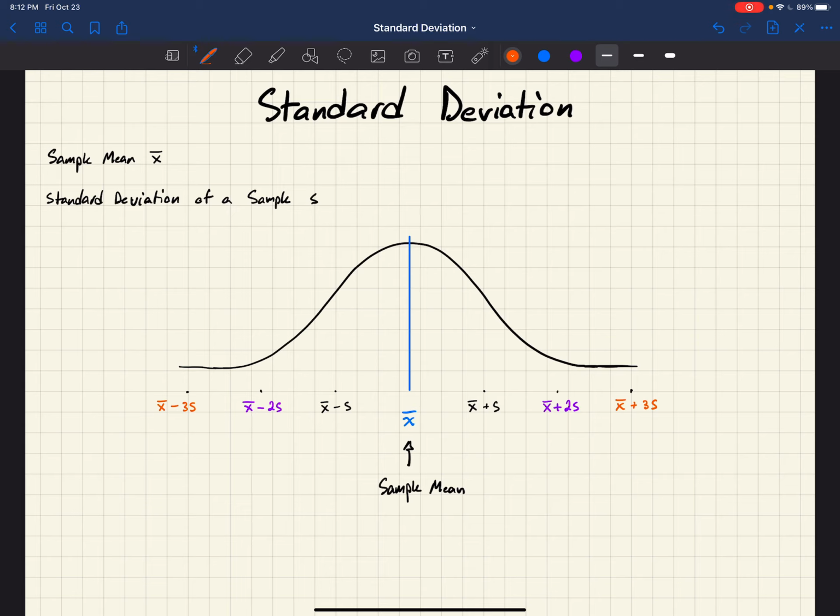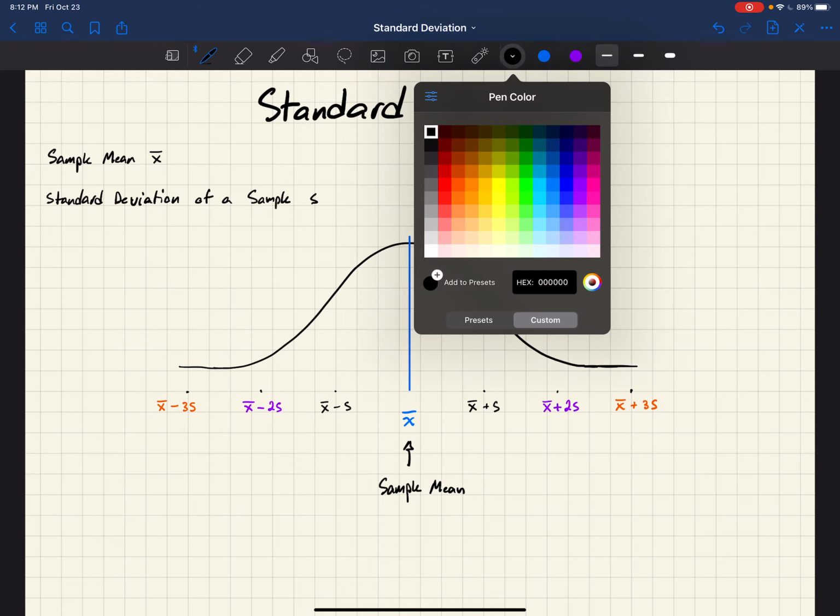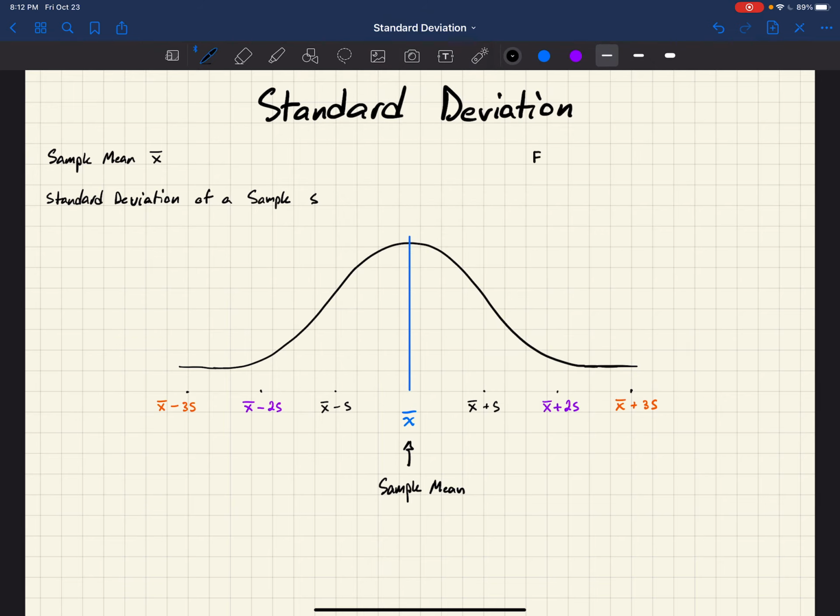Now, the reason this matters to us is that there's something called the empirical rule for standard deviations.